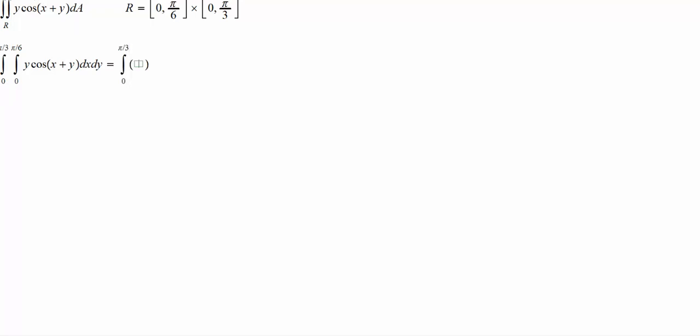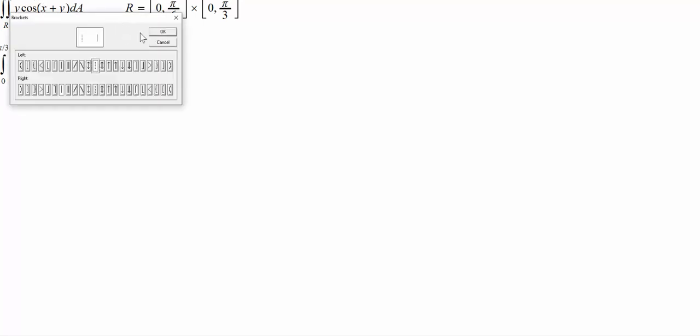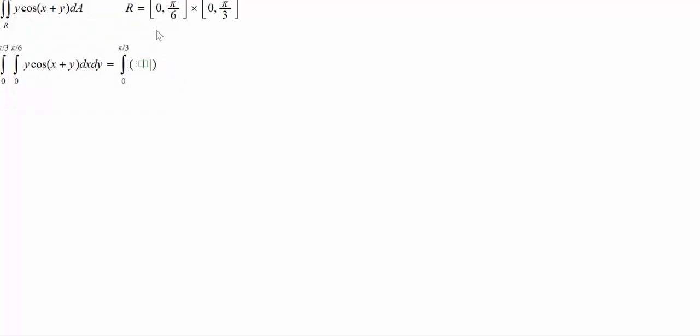And then we will have y sine of x plus y, and our lower limit here is how much? 0, and the upper limit is pi over 6.